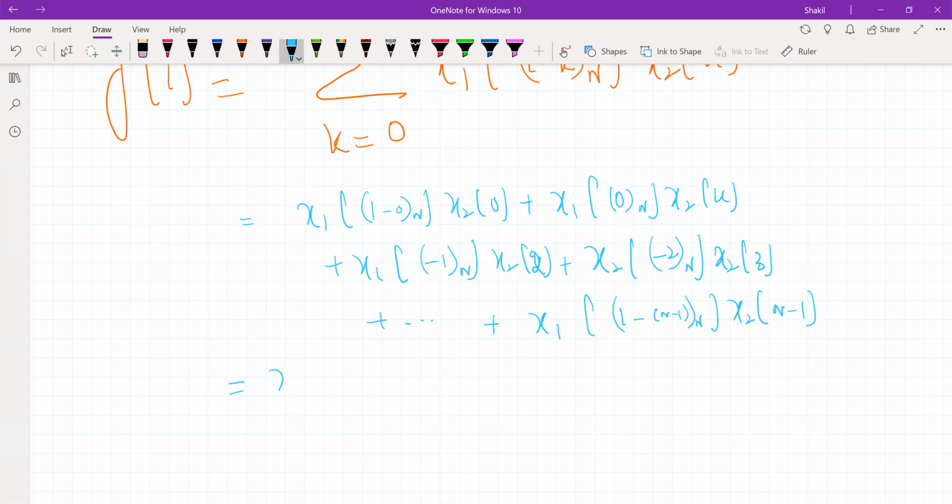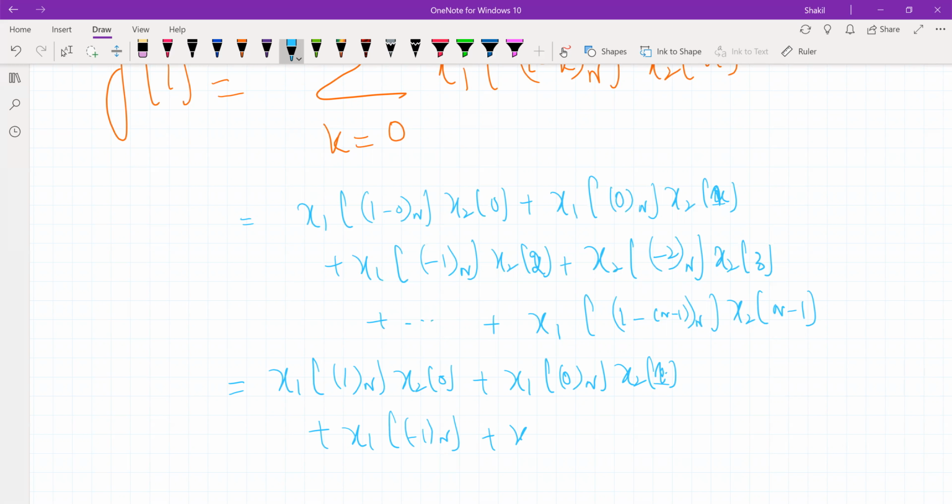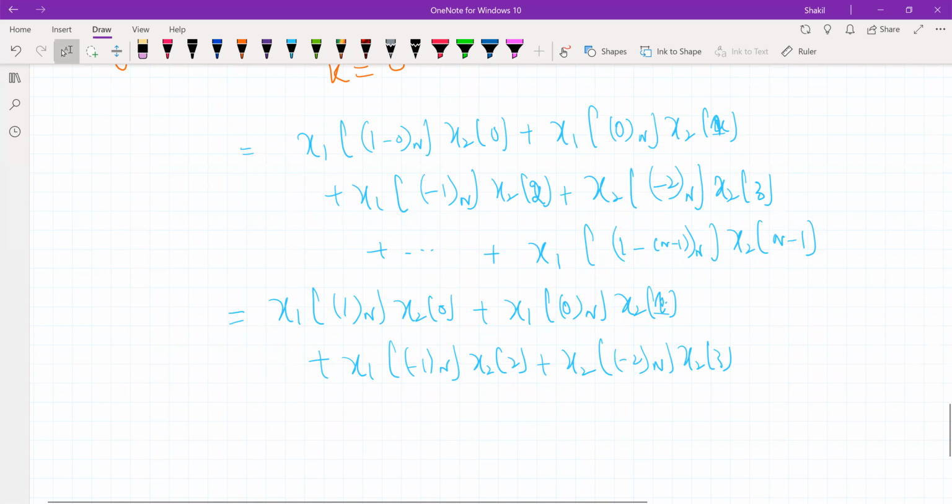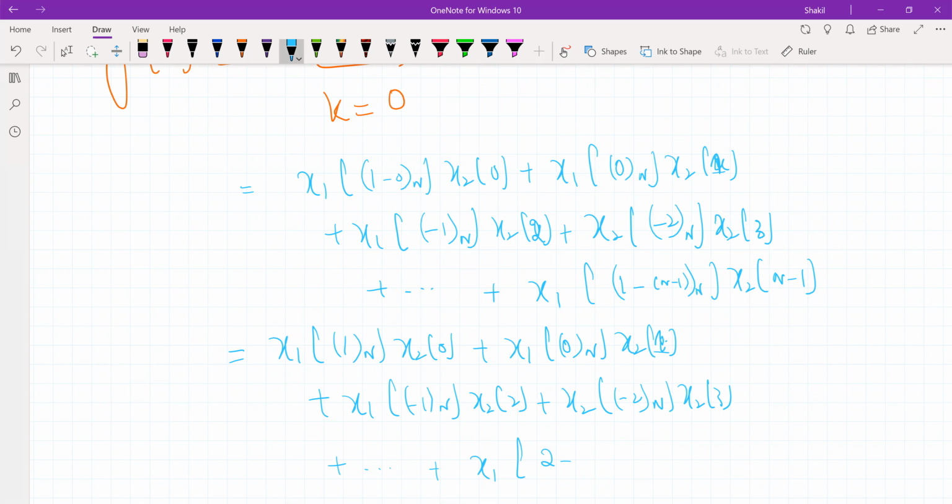Now let me simplify this. So this is x1 of 1 modulo n times x2 of 0, plus x1 of 0 modulo n times x2 of 1, plus x1 of minus 1 modulo n, and you are multiplying this with x2 of 2, plus x1 of minus 2 modulo n times x2 of 3, plus so on, plus x1 of 2 minus n, I guess.